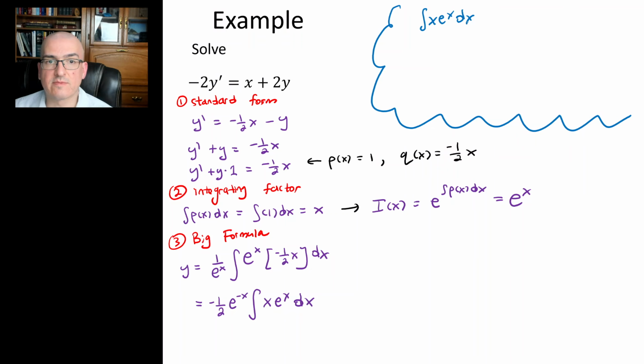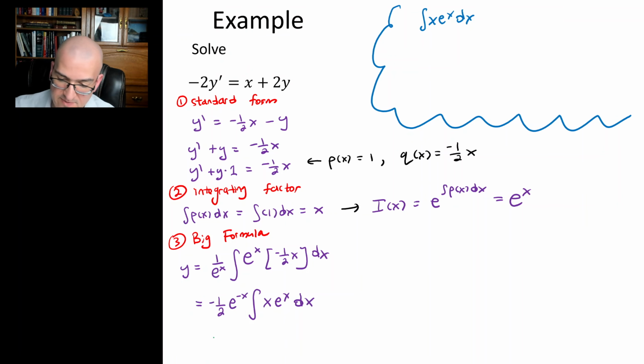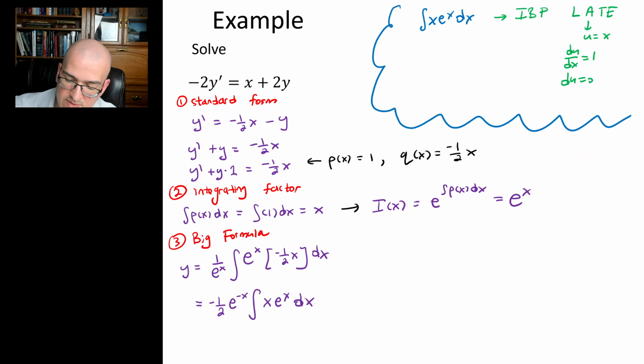How do we integrate that? Well, it's one of our integration by parts, IBP. We don't have any logs, but we do have an algebraic. So u is going to be x. That means du by dx is equal to 1. So du is equal to dx.